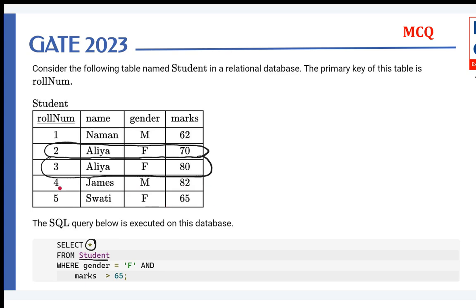And the marks should be more than 65, not more than or equal to, more than 65. So you will select these first two rows, but exclude the last row. In total, you get two rows. I think they wanted to give some free marks, so they gave this question. It was asked in GATE 2023.